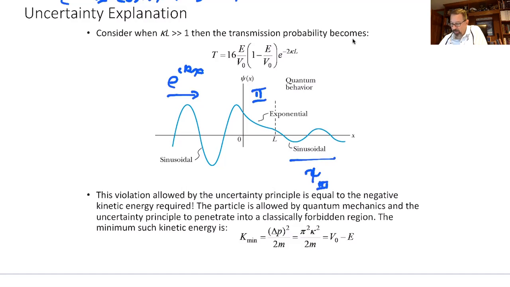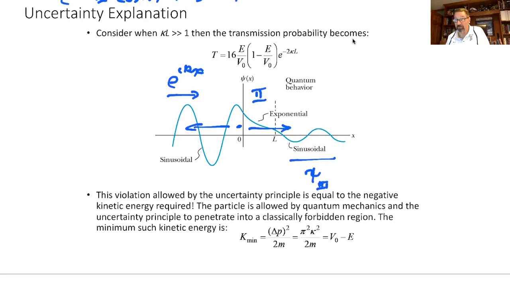And you could make an argument based on the uncertainty principle that the particle could have some uncertainty in x based on how well you know the momentum, and that uncertainty in x could actually extend to a distance greater than the barrier, depending on how well you knew the velocity of the particle coming in.